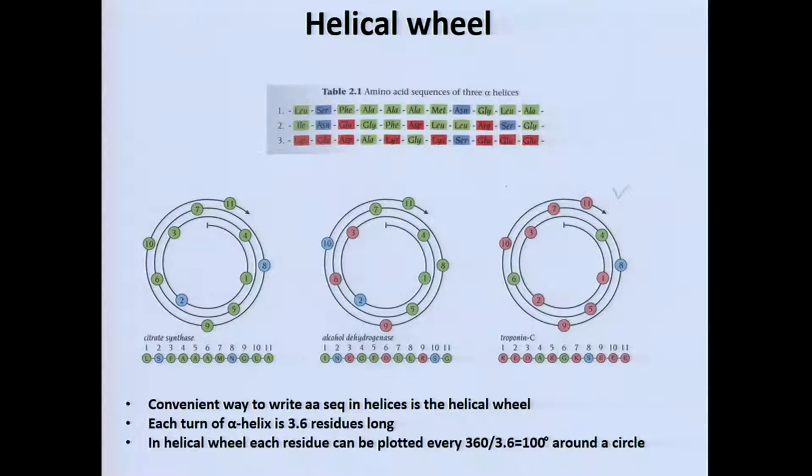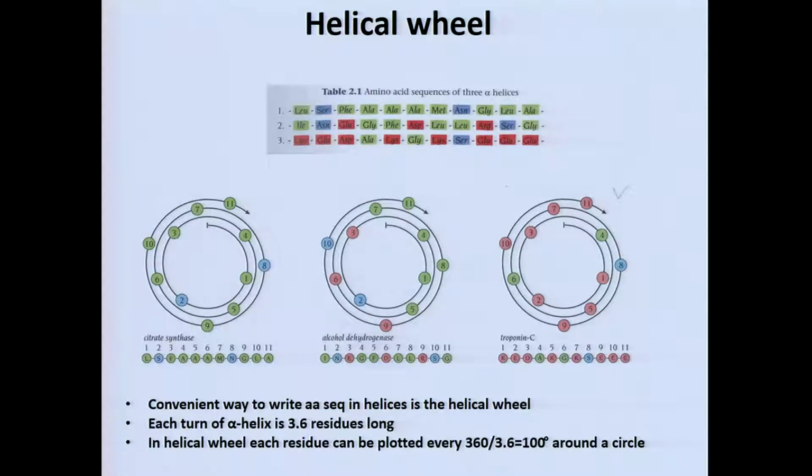And you can see here, for example, in this amino acid sequence, with leucine, phenylalanine, alanine, methionine, glycine, leucine, alanine. This green are which type of amino acids? Hydrophobic, non-polar amino acids.